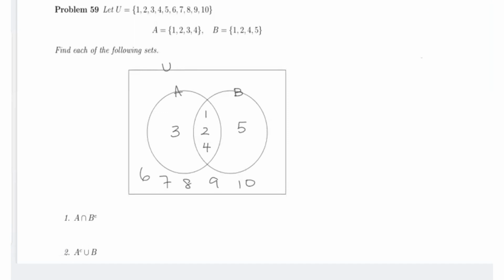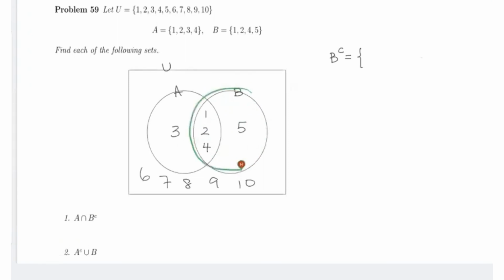So take the order. For this example here, A intersect with a B complement. It's not clear, so I first look at B complement. So you see this is a B. B complement is outside of the circle.